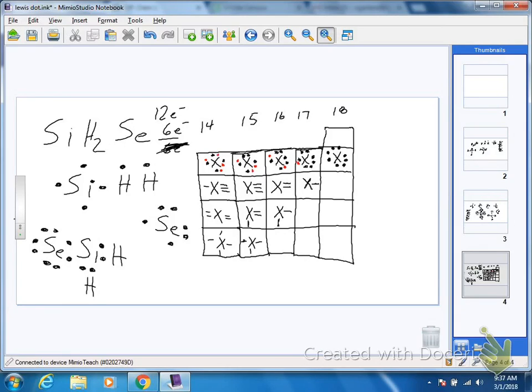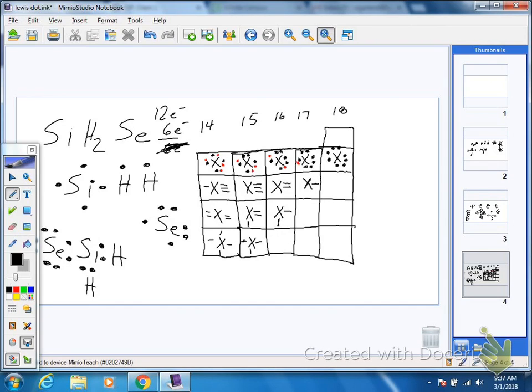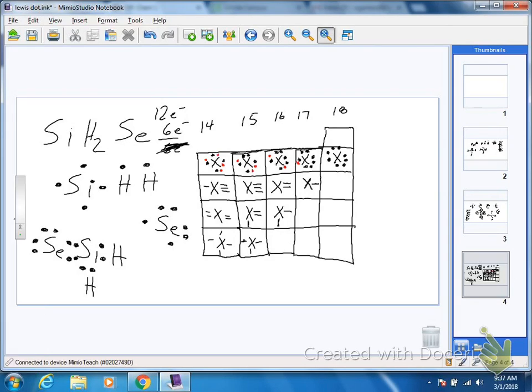So what we're going to do is take away one of these unshared pairs on the outside, say here. Where do you think they'll have to go? In between Se and Si. So they go in between. Does that make sense?